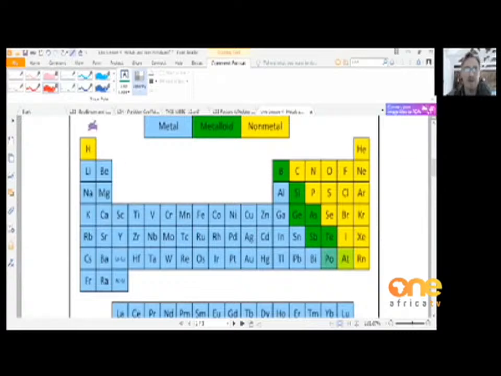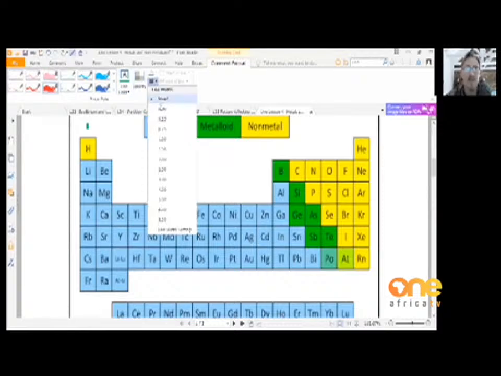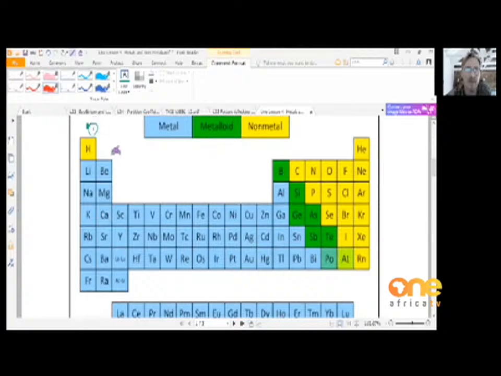Later on, when we study the periodic table in more detail, group 1, group 2, group 3, group 4, group 5, group 6, the halogens, group 7, and the noble gases, group 8. Okay, the group 1 metals, that's all the metals in this group, they've got very low melting and boiling points.